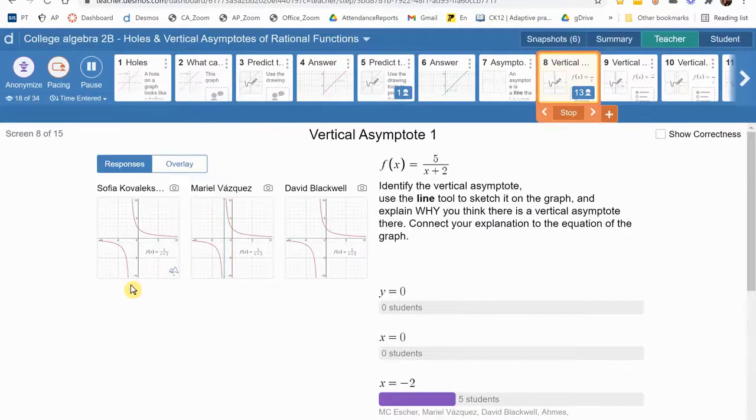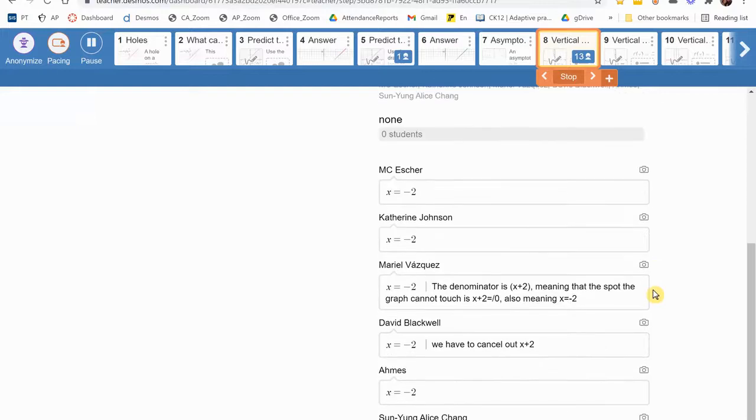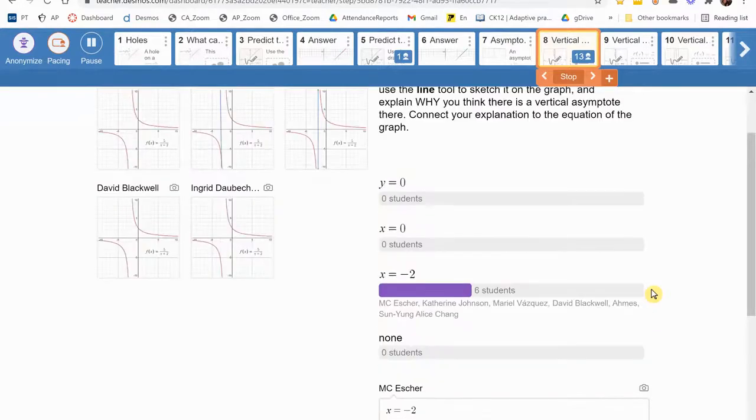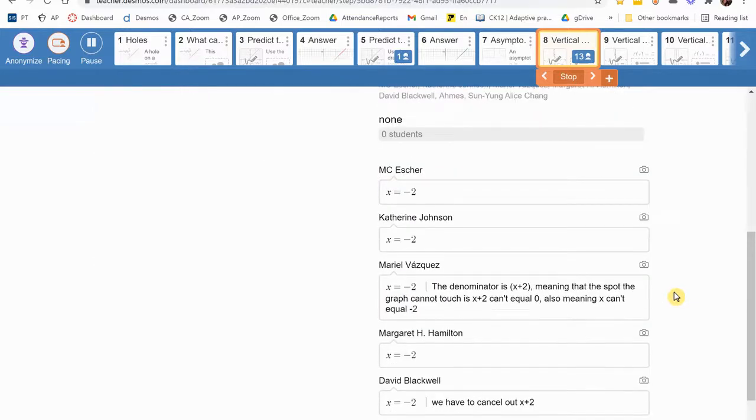All right, good. I like some of the lines I'm seeing. Remember, vertical is up and down, right? North to south. It's going to be an up and down line. We're only worried about the vertical asymptotes right now. But then what I want you to do is not only state what value that is, what value for that line, but also give me an explanation of why it ended up there.